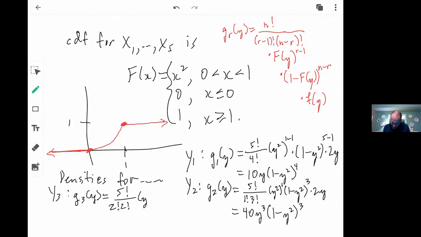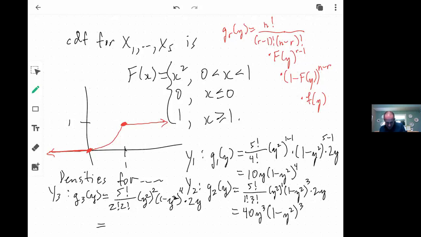And it's going to be y squared raised to the power 2, and 1 minus y squared to the 4th, times 2y.